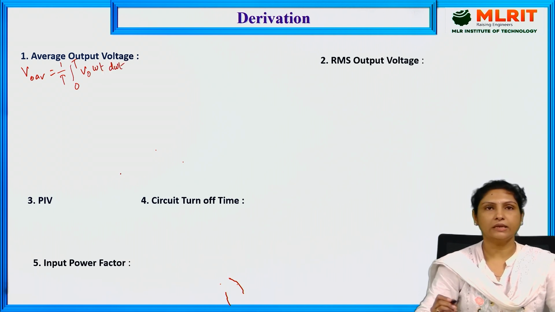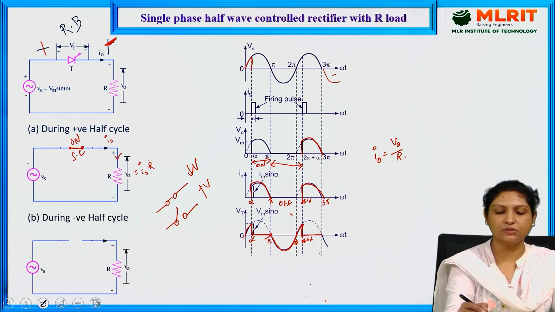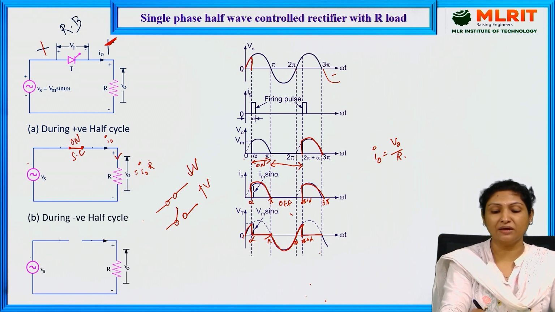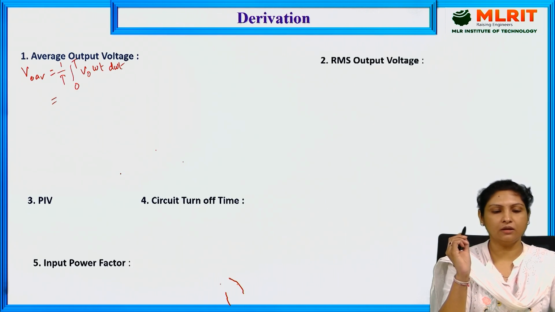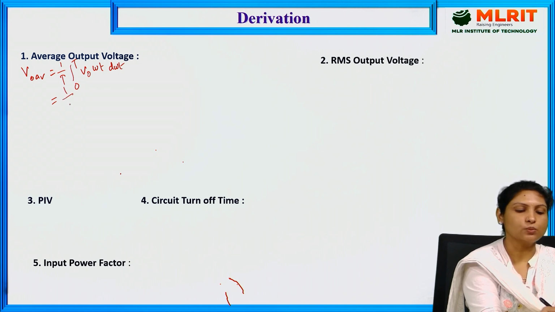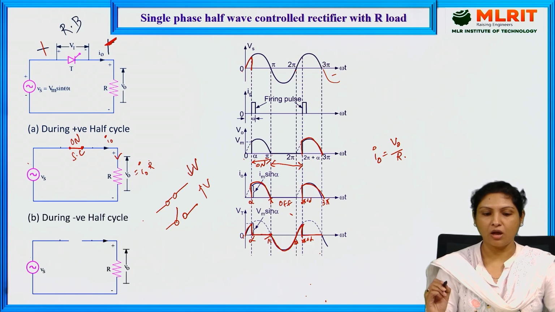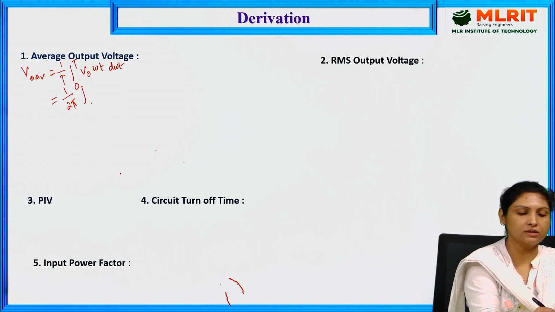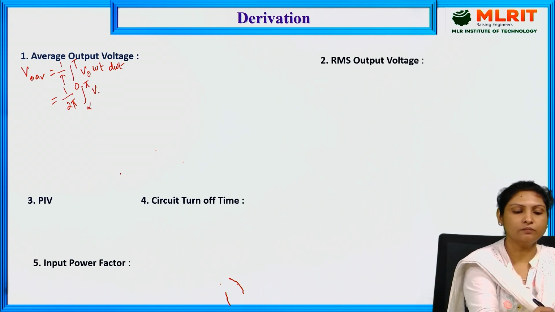In the waveform, the total cycle is from 0 to 2 pi, the total time period, since every similar cycle repeats every 2 pi. That is the reason we take 1 by 2 pi. The actual waveform is present only from alpha to pi, so we take the limits as alpha to pi, where V0 is equal to V maximum into sine omega t, d omega t.